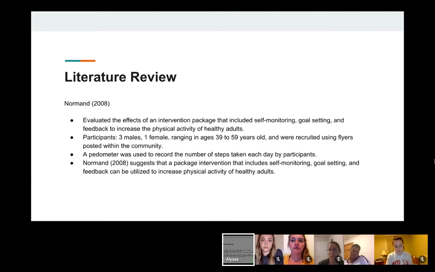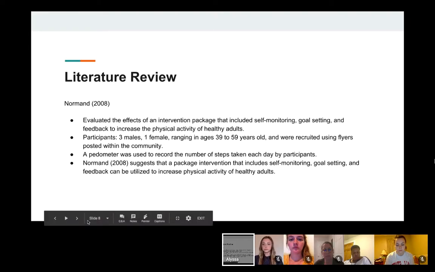They were ages 39 to 59 years old, and they were recruited using flyers within the community. They did use a pedometer to record the number of steps taken each day. Overall, he suggests that this type of intervention is successful and can be used to increase physical activity among healthy adults.